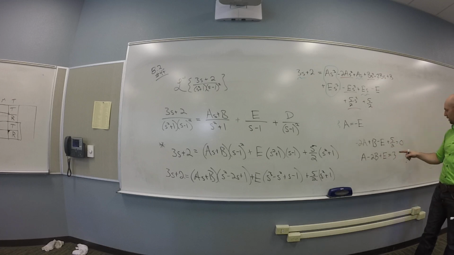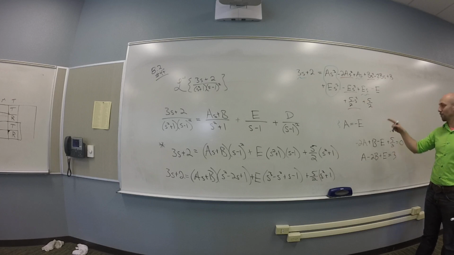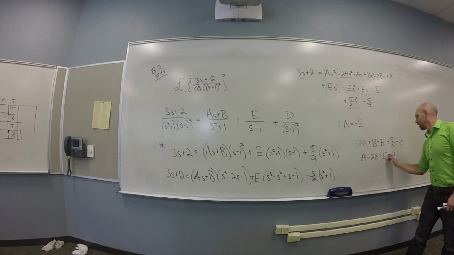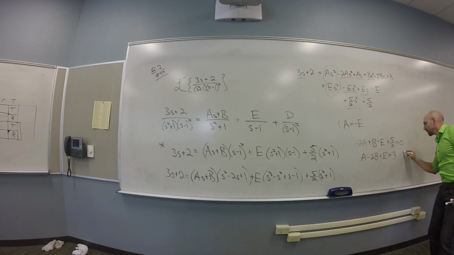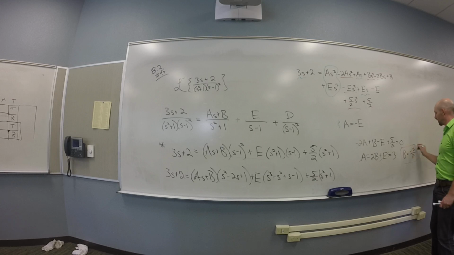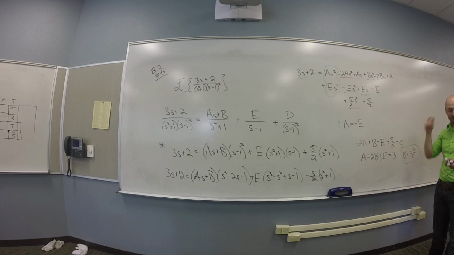Oh, and that one I'm going to deal with right away because I know a plus e is 0. Okay, so that tells me b is minus 3 halves, which I should indicate for later. Which I can cram back into the other one and figure out that guy in a sec. And then what else have I got?